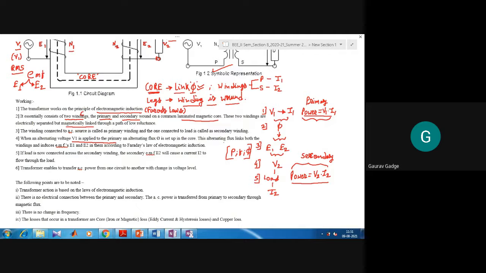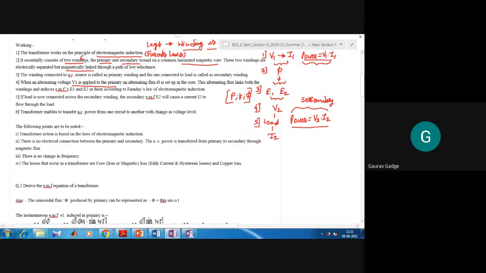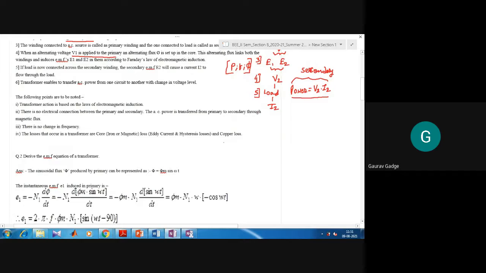Okay. Now I just check the next. The following points are to be noted. Transformer action is based on what? Laws of electromagnetic induction. There is no electrical connection between primary and secondary. AC power is transferred from primary to secondary through magnetic flux.